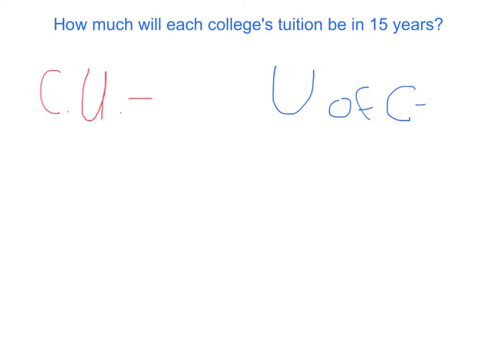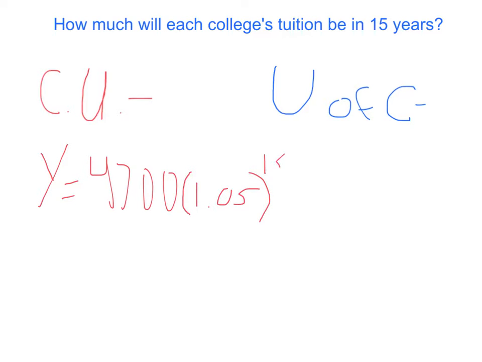So now we're going to find the cost of each college's tuition in 15 years. So 2004 plus 15 years will be 2019. So College University would be y equals 4,700 times 1.05 to the 15th.